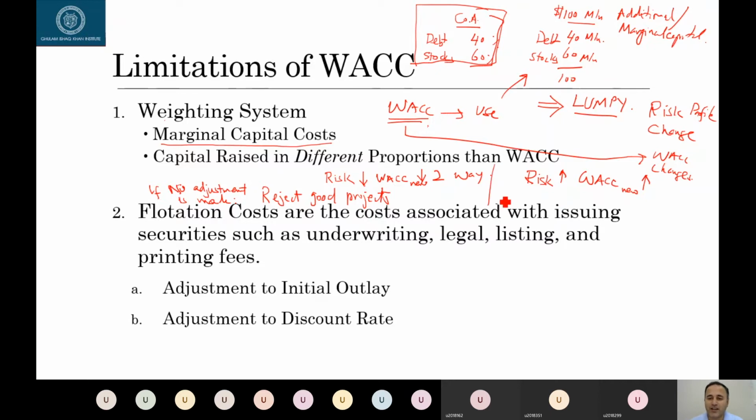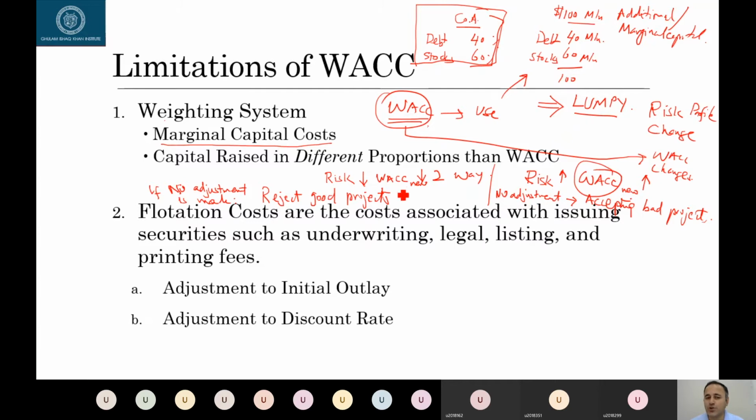And again, if I do not make any adjustment, I run a risk of accepting bad projects. Because the WACC that I'll be using will be lower, okay? And with lower WACCs, I may accept a project which on a higher WACC will not be acceptable.